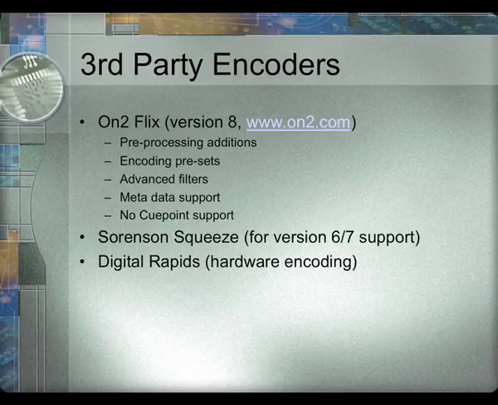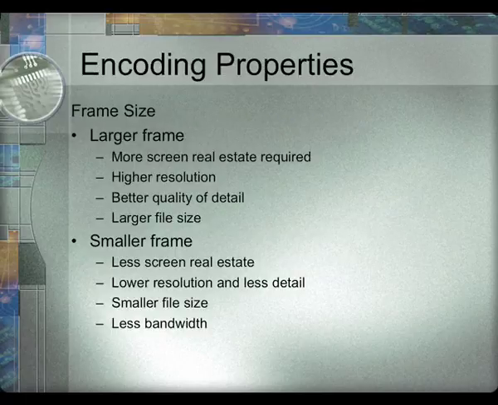Smaller frame means less screen real estate, lower resolution, less detail, smaller file size, less bandwidth. With frame size, you can encode Flash files to go from a smaller size to full screen, but it depends on the initial frame size that you start out with as to what the final output is going to be.